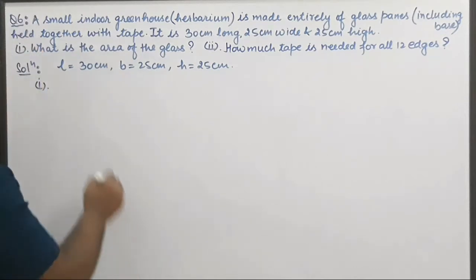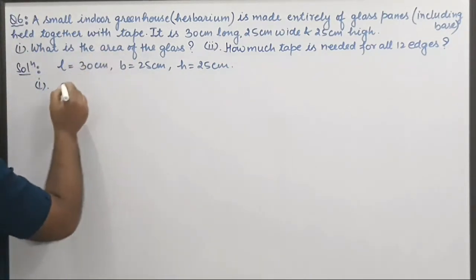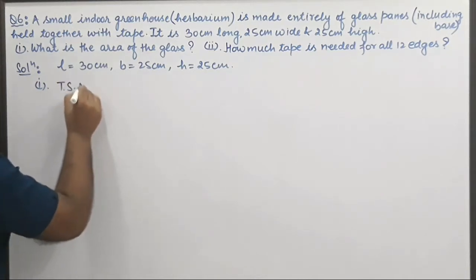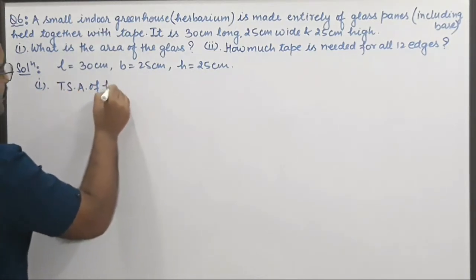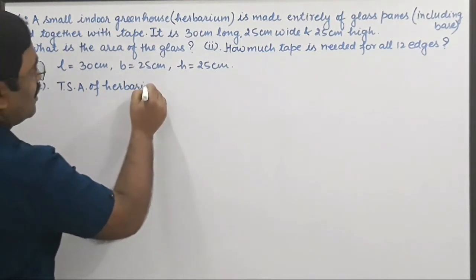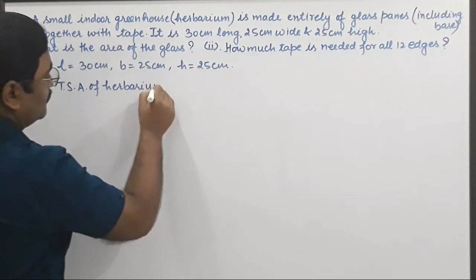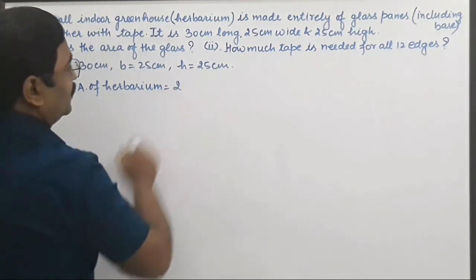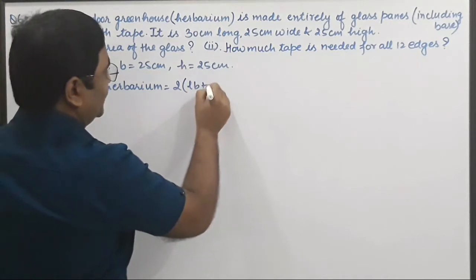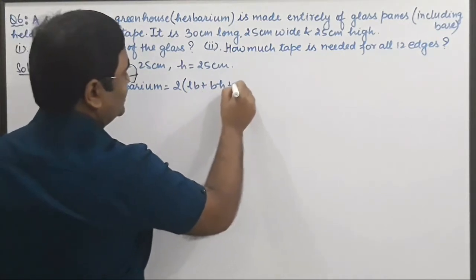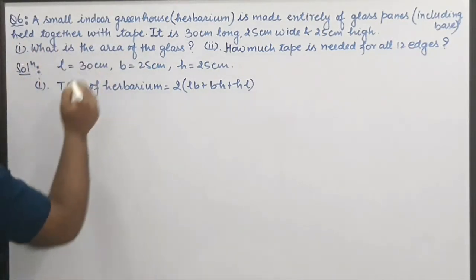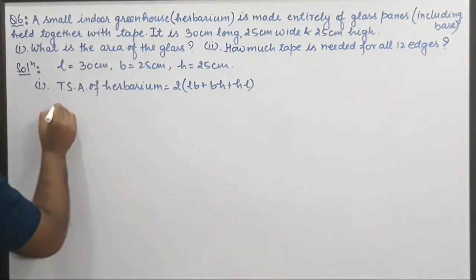So total surface area of herbarium is equal to total surface area of cuboid, which is 2 into (LB plus BH plus HL), right? So this is the area of glass panes.